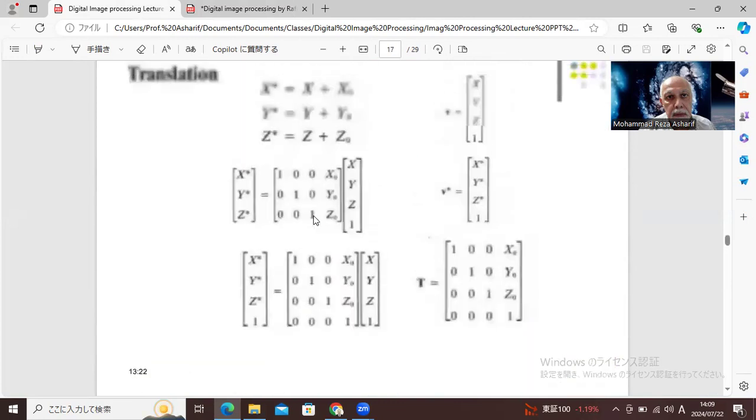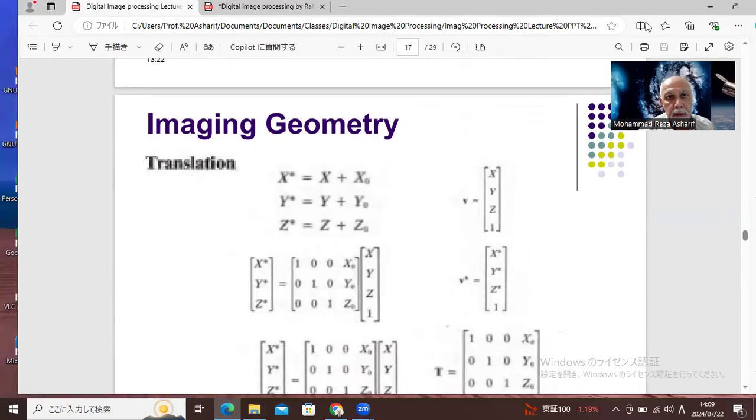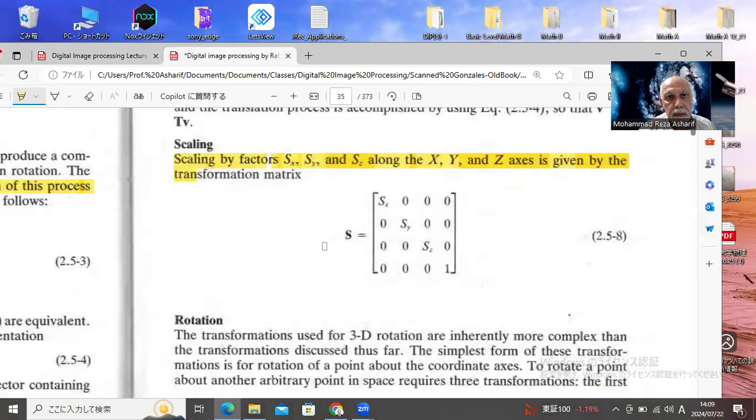Scaling, as I said before, is just multiplying the S matrix by X, Y, Z, 1.